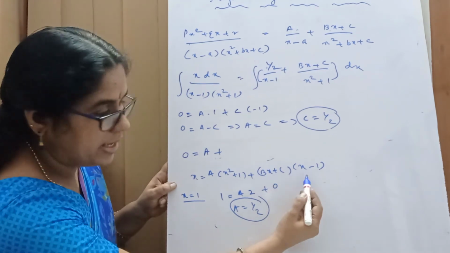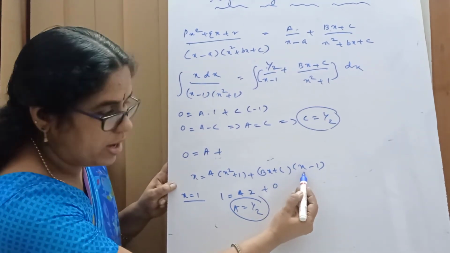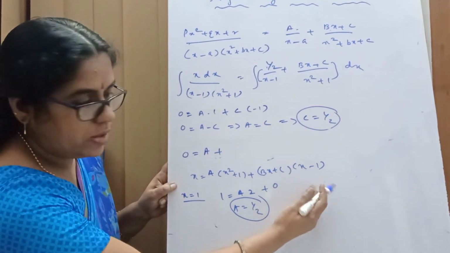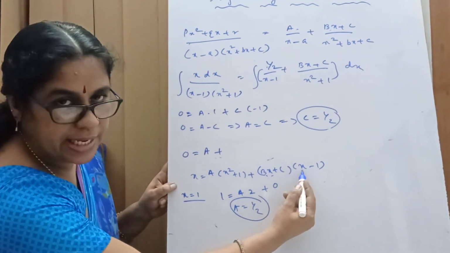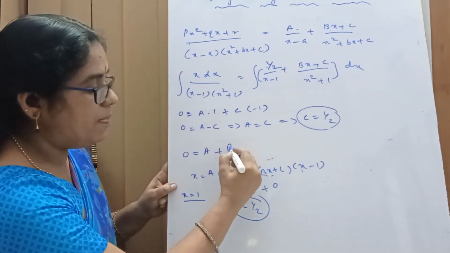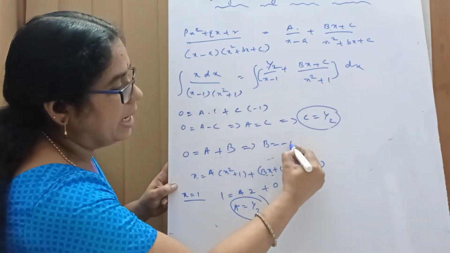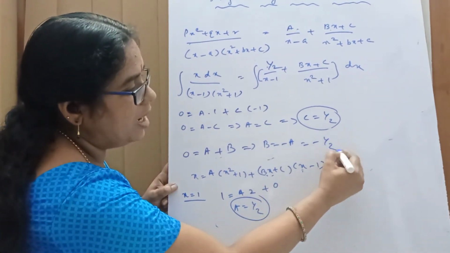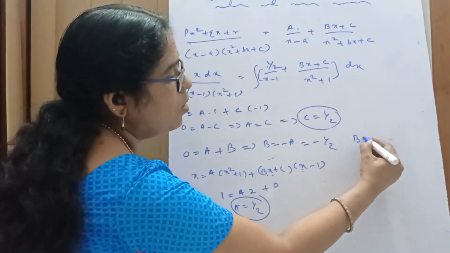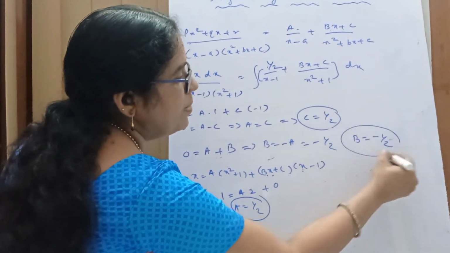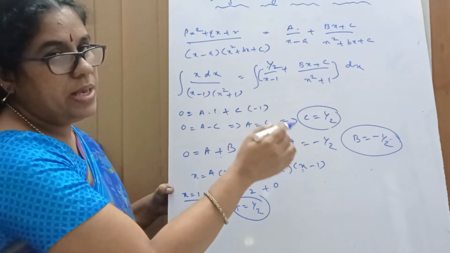If you open the bracket, bx into x gives bx square, and no other term contains x square. So we got 0 equal to a plus b, which means b is equal to minus a, that is minus half.